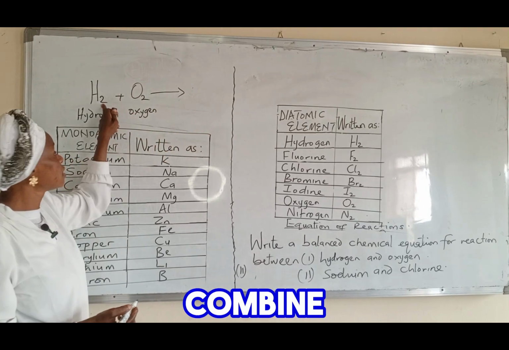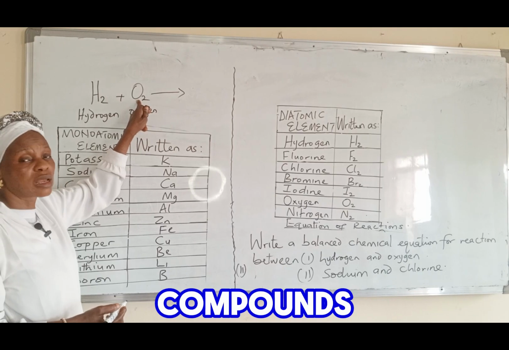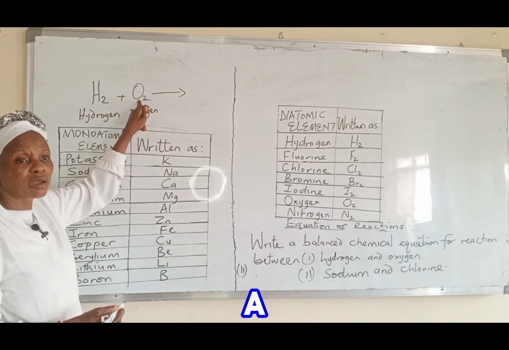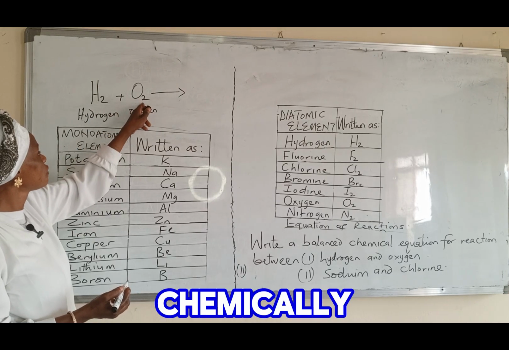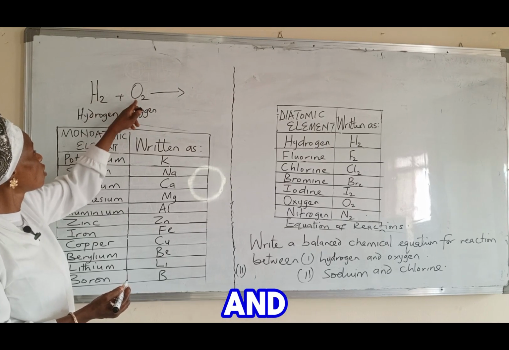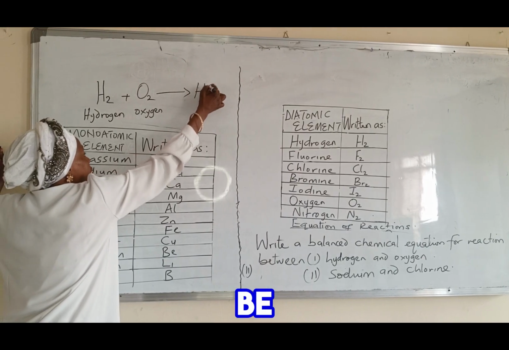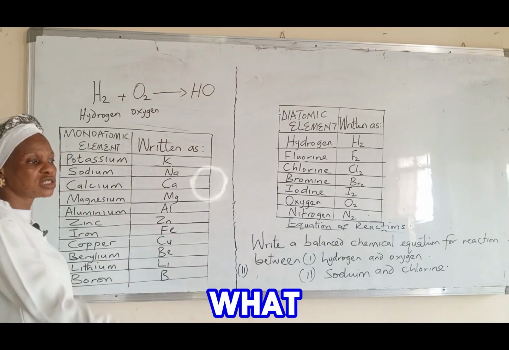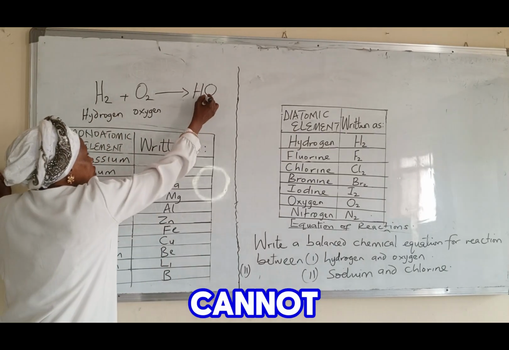And when they combine, as I said, compounds will form. Compounds comprise a combination of two or more elements that are chemically combined. You see, hydrogen and oxygen want to combine now. The products we will have here will still be hydrogen and oxygen. Then what is the formation? How will it form? It cannot just be this.